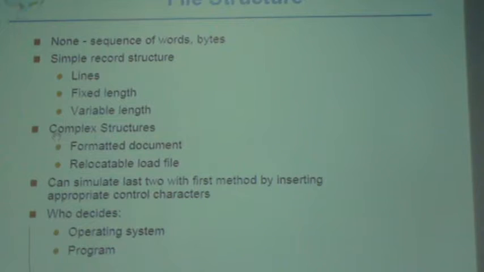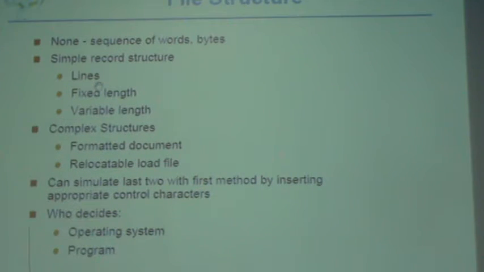We also have a complex structure. It's like a formatted document or a relocatable load file. The operating system and the program will decide which type of structure we will use. If we use MS Word, we will create a complex structure with a formatted document, or if we use Notepad, we will just create a simple record structure with lines.